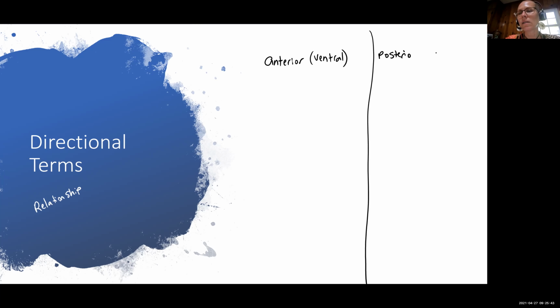It also has the word dorsal that you can use instead. So for us, we'll think anterior and ventral as synonyms, although there are some slight differences in those terms, and we'll do the same with posterior and dorsal. What we're really talking about here is the front of the body versus the back of the body.